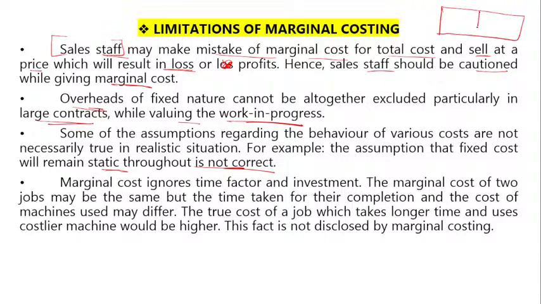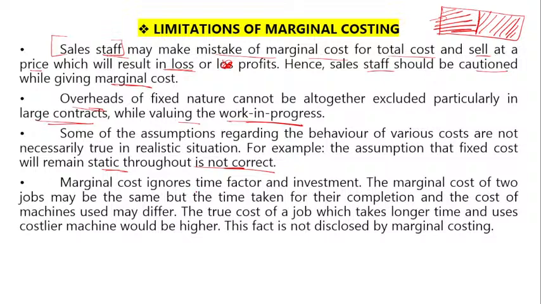If a particular godown is full with the production, this area is full of the product, and these other areas remain empty, the company can fill this area. But if the company produces an additional unit, then the company needs to purchase or rent another godown. So this is what is incorrect: the assumption that fixed cost remains static throughout is not correct.